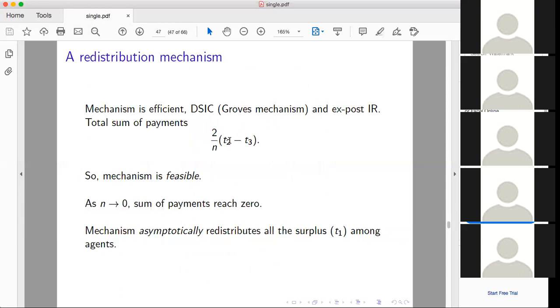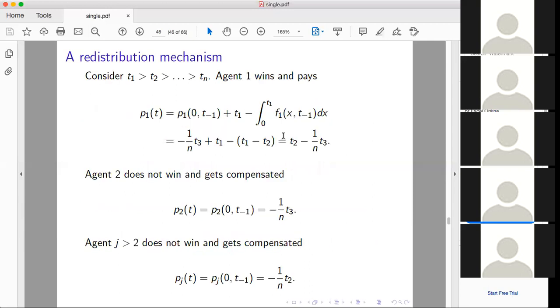Okay. And the total sum of payments. Now, if I sum these payments up, here n minus 2 agents receive this much compensation, so it's minus (n minus 2) T2 by n. Agent 2 receives this much and agent 1 pays this much, right?